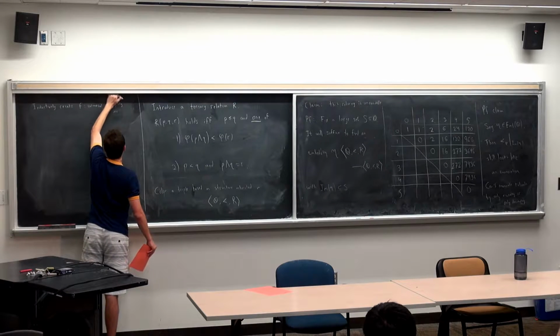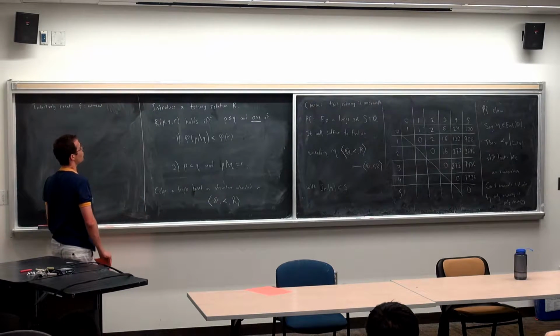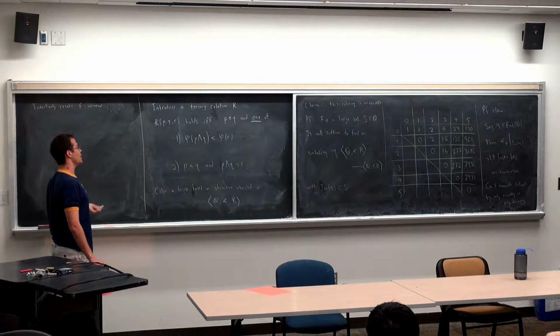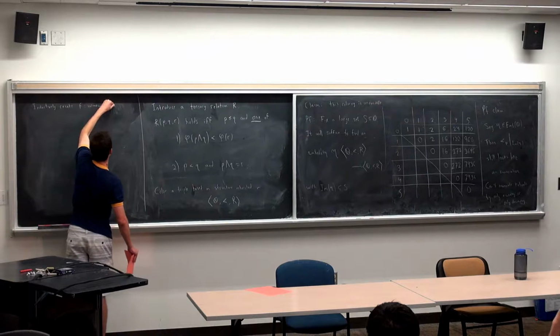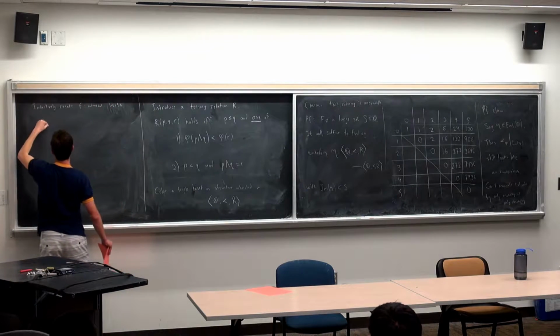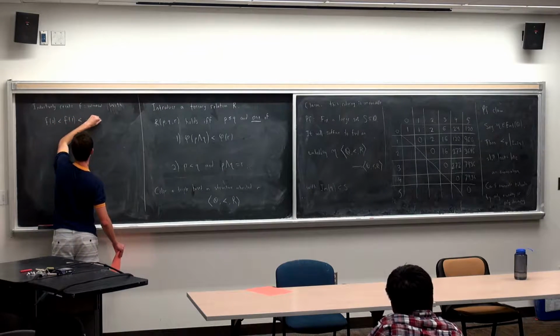Or I guess not strictly increasing. What do I want? I don't require f of n to be greater than n. I require f of n plus 1 to be greater than f of n. I'll just write that down, with f of 0 less than f of 1 less than, etc.